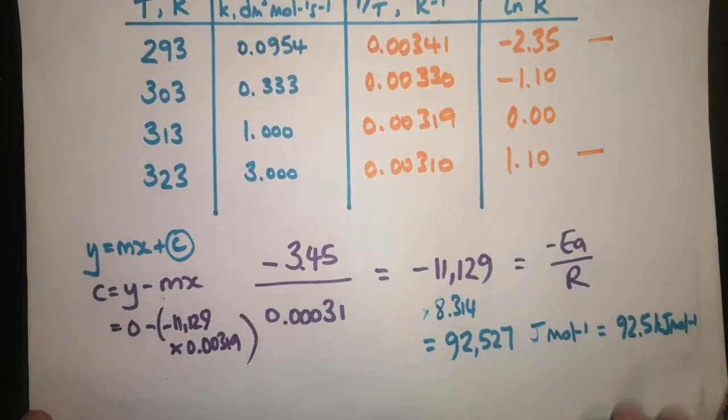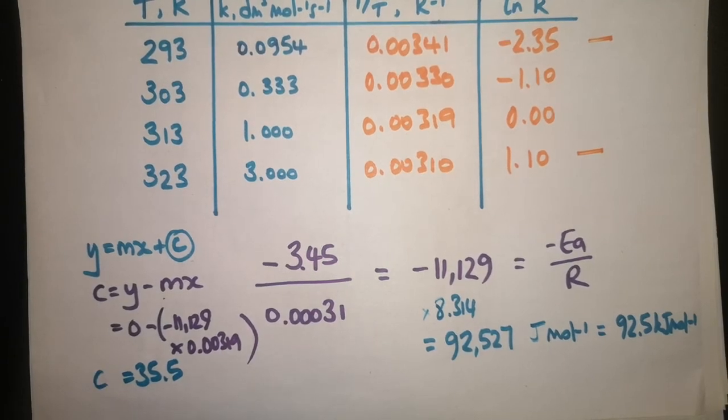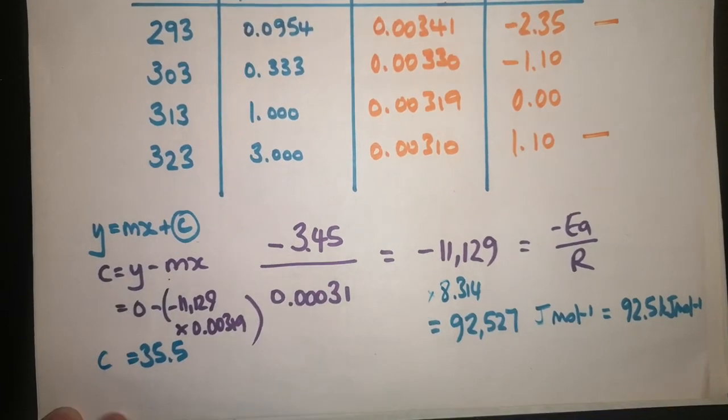And if I run the numbers there, I should get an answer for my intercept of 35.5. So that is c. The y-intercept, remember, that is ln A. So the last thing is just to change that into an actual number rather than an ln.